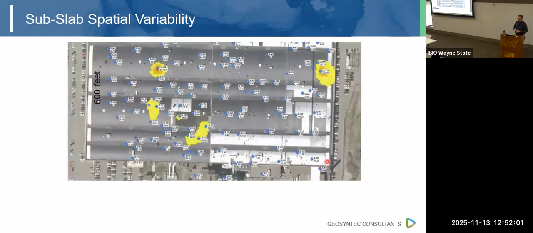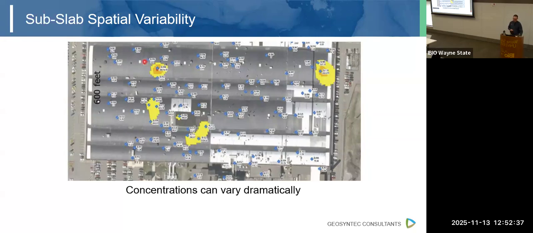And you can see there's quite a range. I don't know if it's able to be made out here, but the highest concentration here is around 30,000 micrograms per cubic meter, and the next door pin is less than 1 microgram per cubic meter. So we have a huge variation in concentration, and hopefully there was some method to where these probes were placed, that they're kind of biased towards historical operations or known releases.